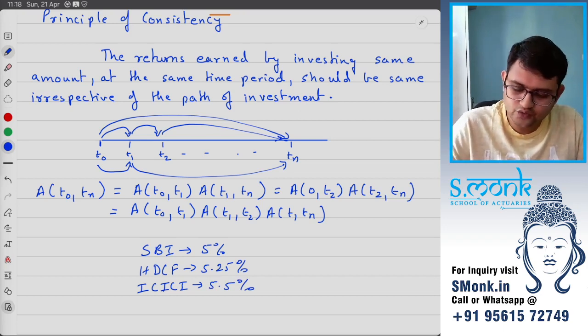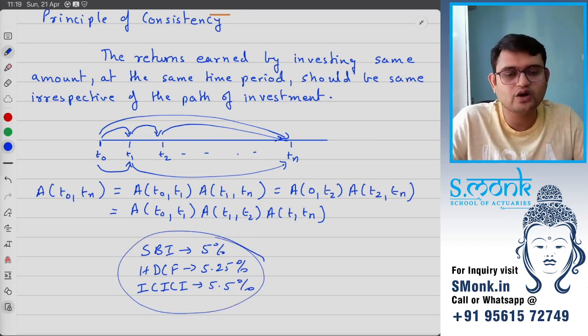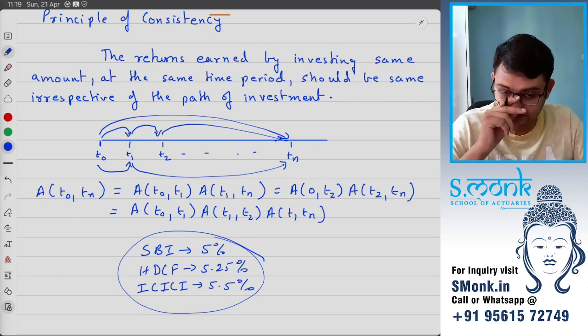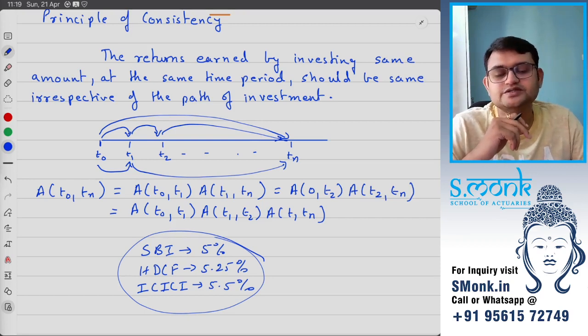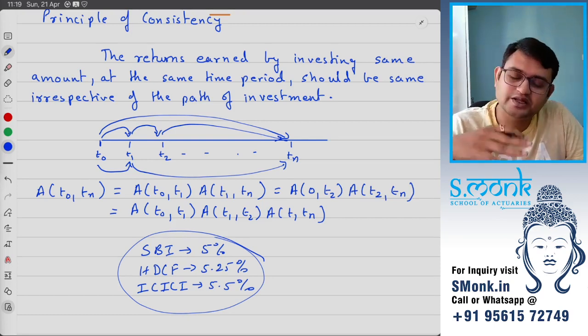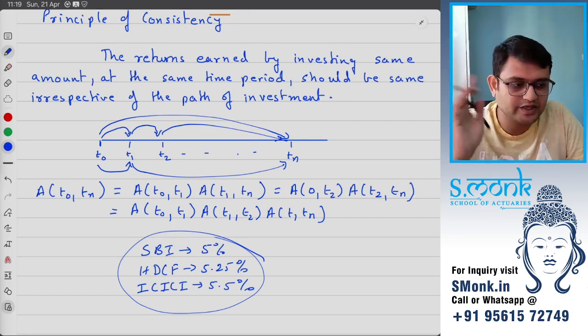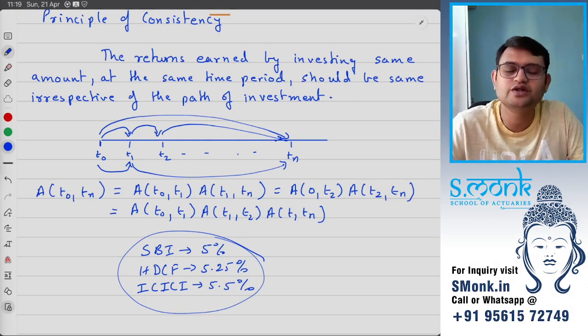In real life, you may find different options of investment, but we'll say that whenever we are considering, at least at the beginning, later on we'll consider multiple options, but at the beginning we'll say we have only one option.